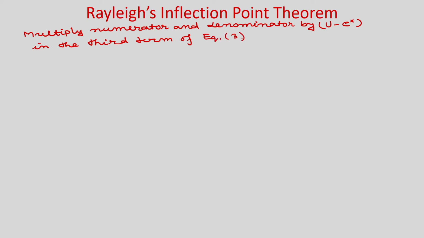Okay. So, if you multiply, first let us write u minus C and u minus C star. So, what will you get?